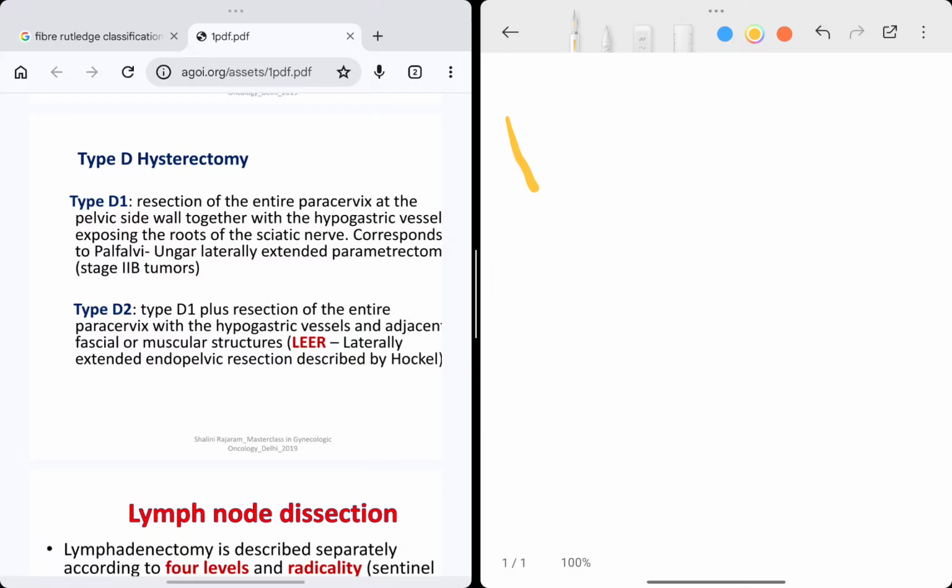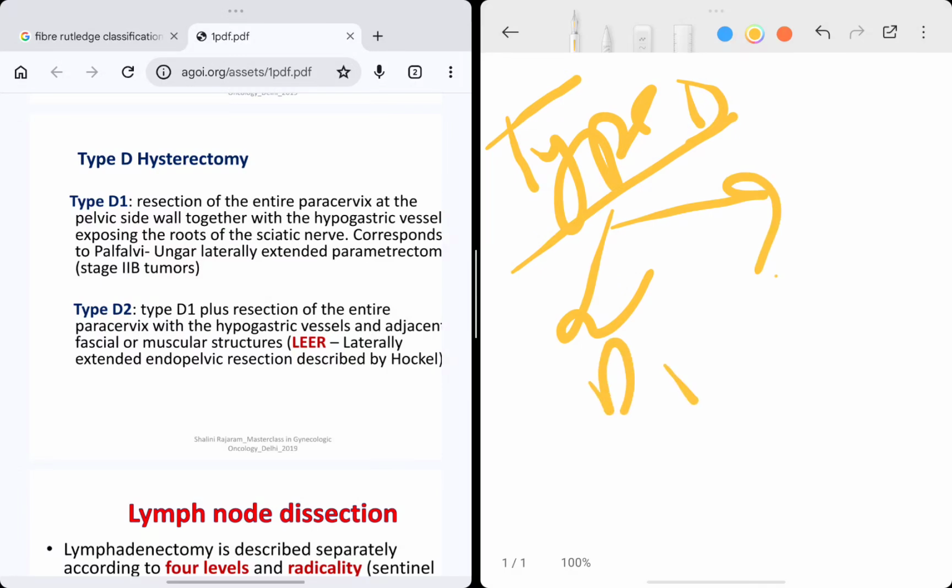Now type D radical hysterectomy. So D is divided into D1 and D2, and another name for this is LEER. LEER means laterally extended endopelvic resection, and this terminology was described by Höckel.